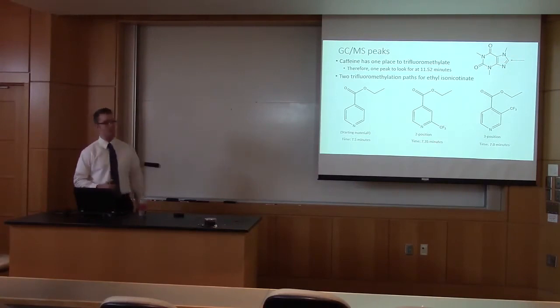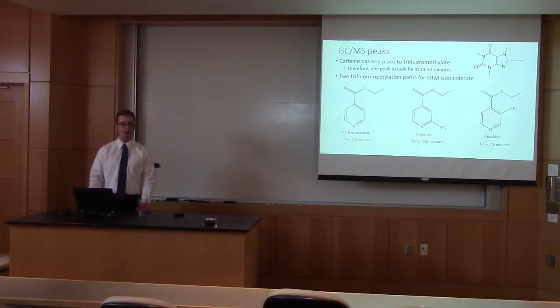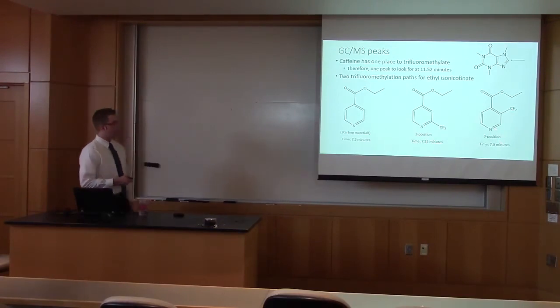There are two trifold methylation paths for ethyl acid nicotinate, which is right here at the 2 position, about 7.35 minutes, and right here at the 3 position, which is about 7.0 minutes. And we also have a starting material that we need to look out for at about 7.5 minutes. And so we can determine what we have, where our trifold methyl group might be, and if we got it at all.